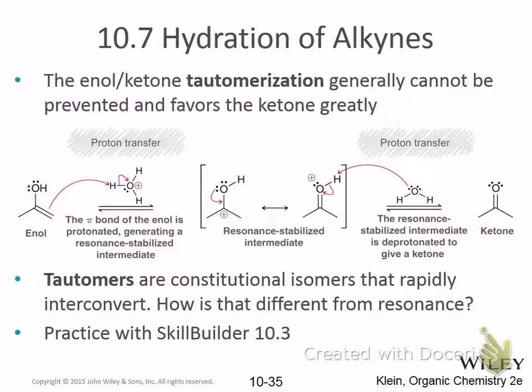So this is sort of the mechanism under acidic conditions for the tautomerization. Here's your enol. This bond can break and attack the hydrogen. It's done under acidic conditions. So then you're left with water over here, so that's stable.